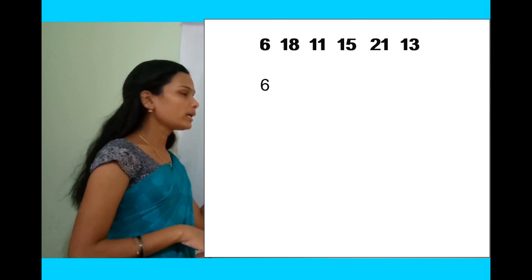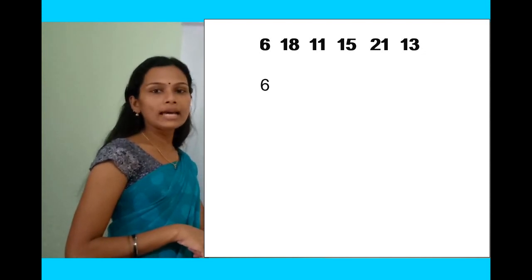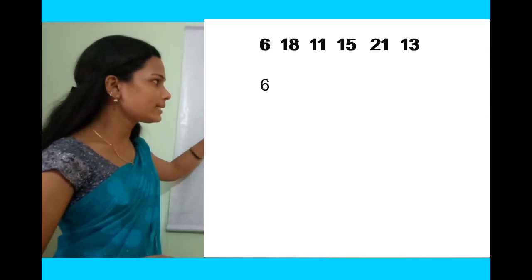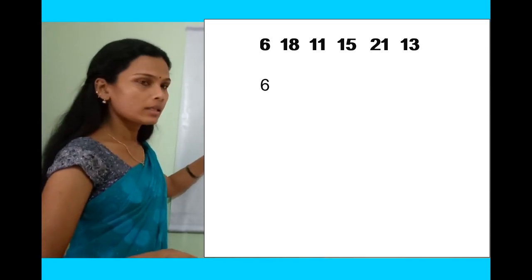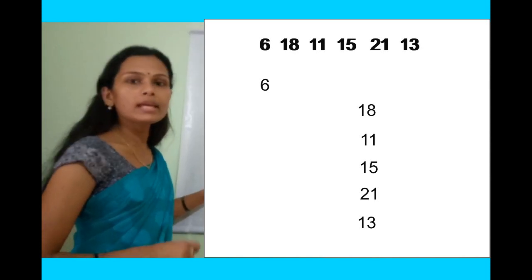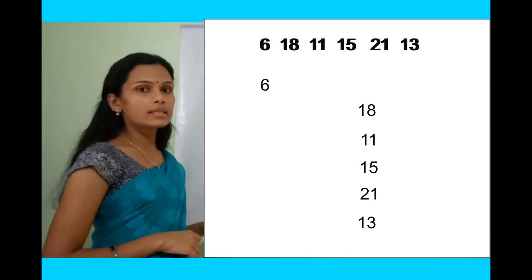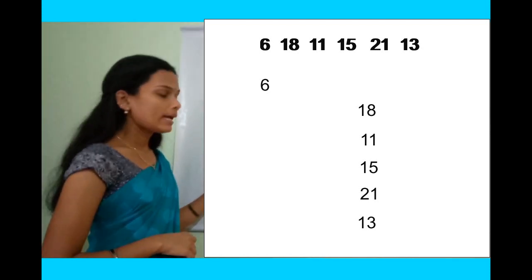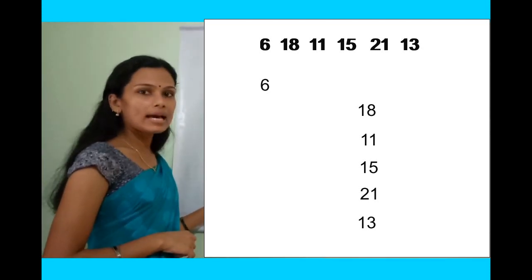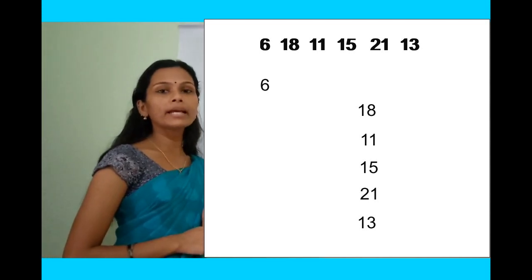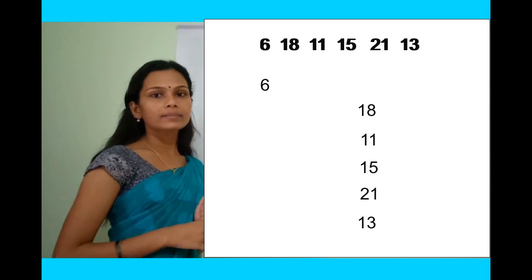Since 1 is smaller than 2, one number from 18, 11, 15 or 13 will be the smaller one. Since 18, 11, 15 and 13 have 1 as the first digit, we have to compare the second digit.